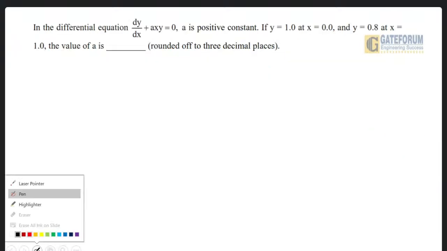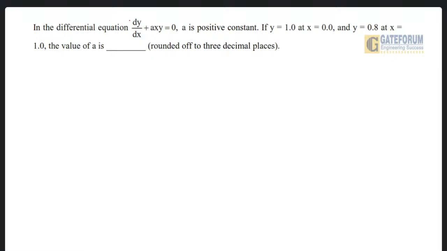The question is: if the differential equation dy by dx plus a x y is equal to 0, where a is a positive constant, and y is equal to 1.0 at x is equal to 0.0, and y is equal to 0.8 at x is equal to 1.0, the value of a is. This is from engineering mathematics, the topic differential equations, subtopic first order equations.